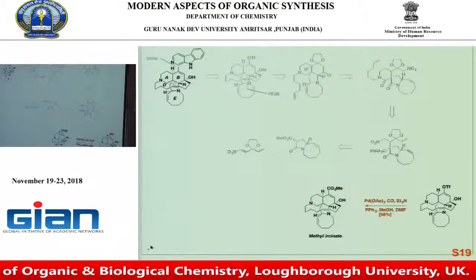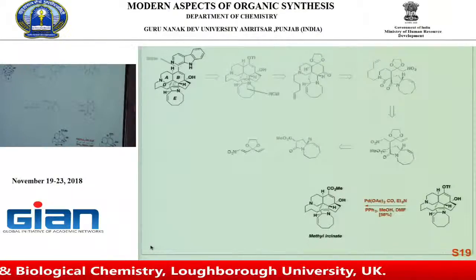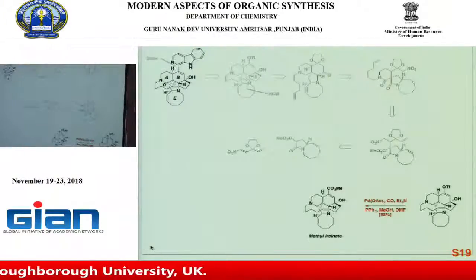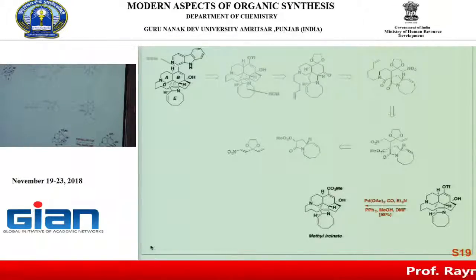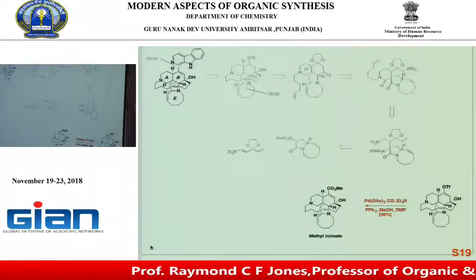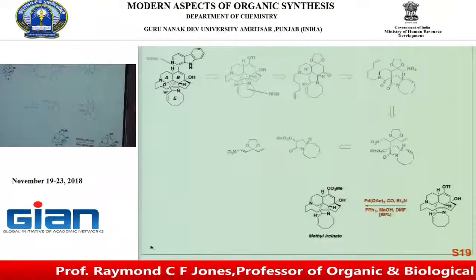If you do the coupling in the presence of carbon monoxide and methanol, you can get that to go through the palladium acyl derivative that you get with the carbon monoxide, which then reacts with methanol.